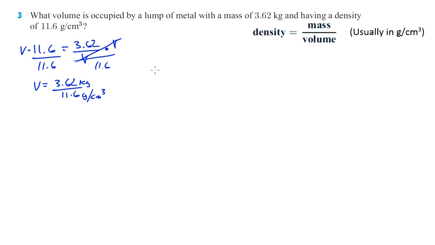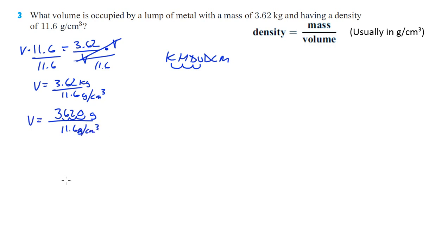So we've got King Henry died unexpectedly drinking chocolate milk, right? So we've got kilograms to grams. That's 1, 2, 3 spots to the right, so 3.62 is going to move over 1, 2, 3 spots. So 3,620 grams over 11.6 grams per centimeters cubed.